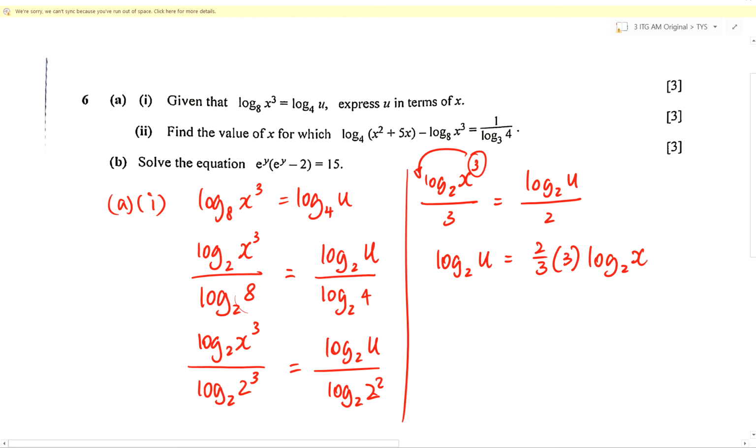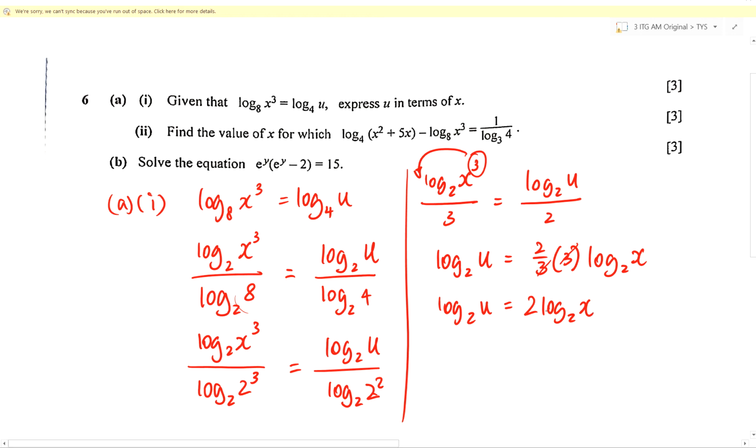So now I've got both of them log base 2. That makes my job a lot easier already. And the 3's can be divided. So log base 2 u is the same as 2 log base 2 x. We want to do a direct comparison, and I think it's quite possible for us to have just log base 2 u equals log base 2 something else.